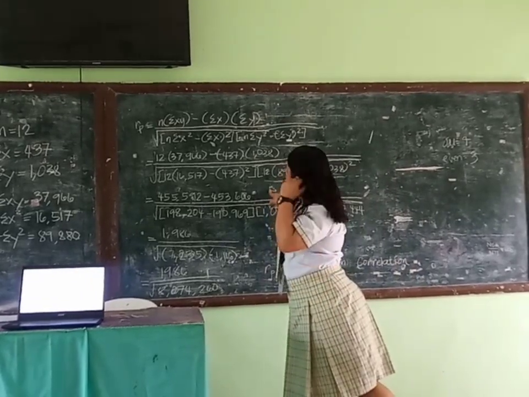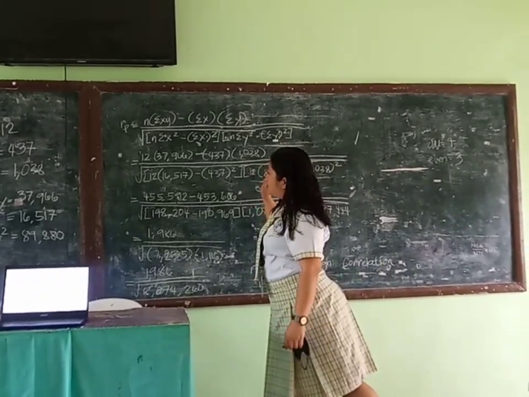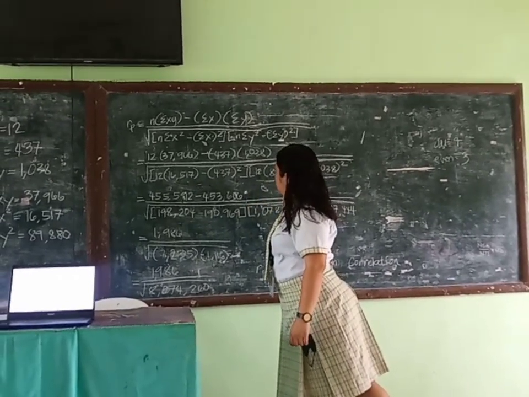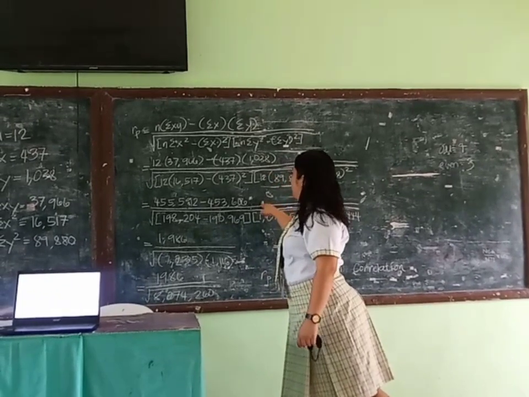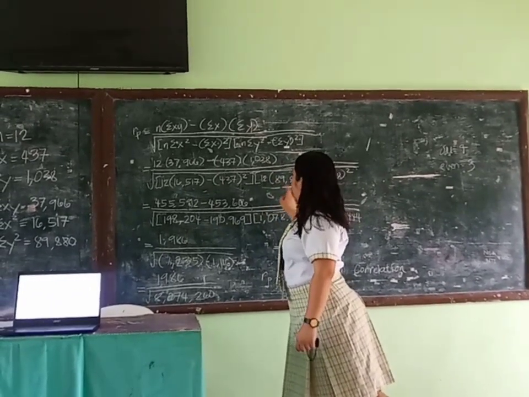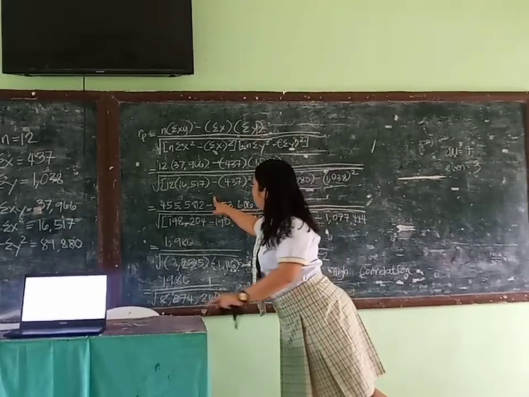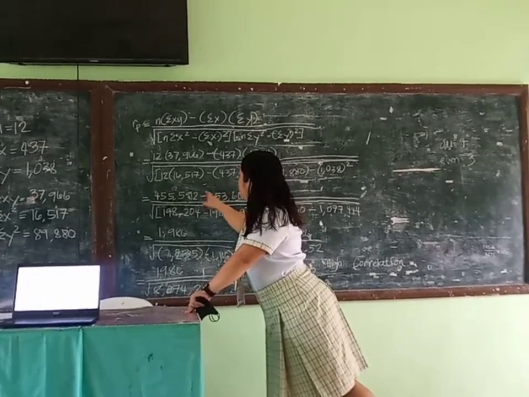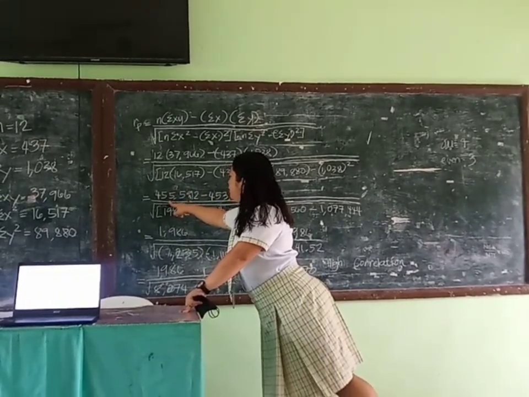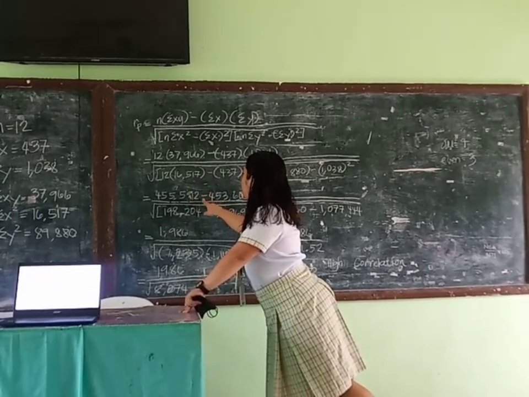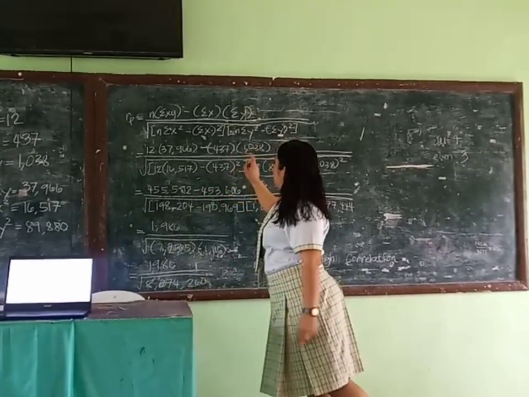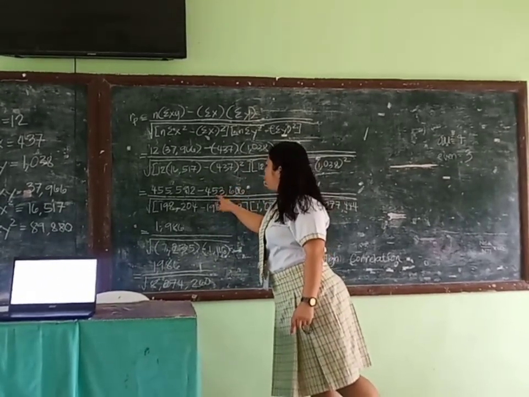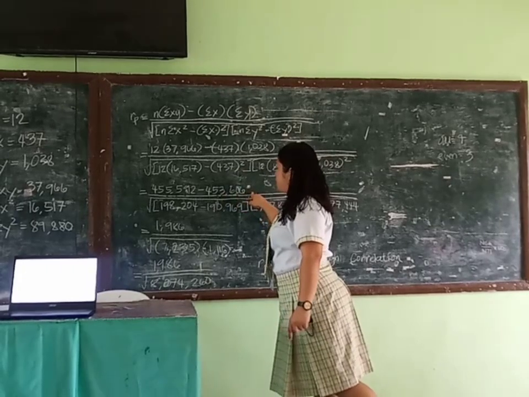So 12 times 37,966 minus 437 times 1,038. 12 times 37,966 is 455,592, minus 453,606.